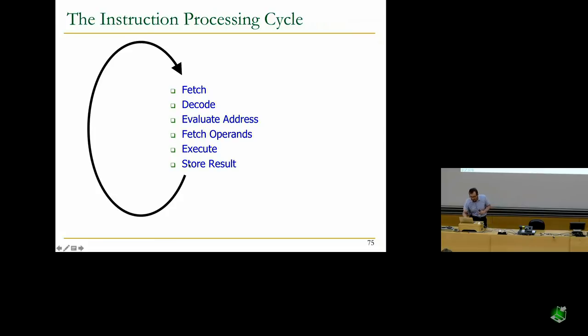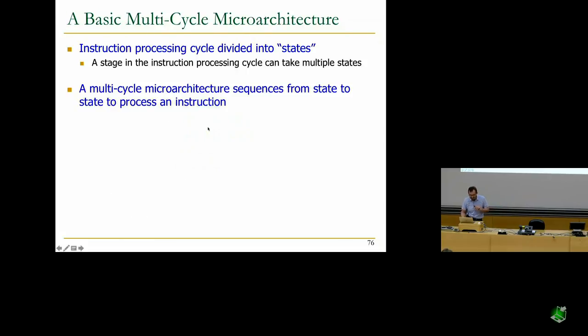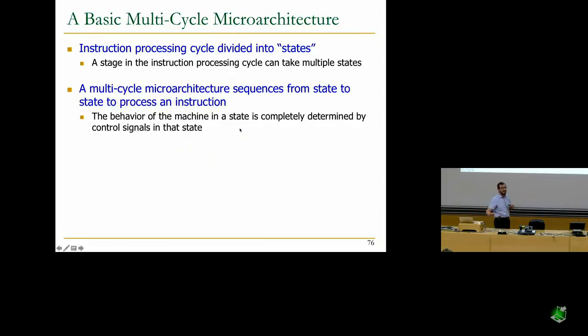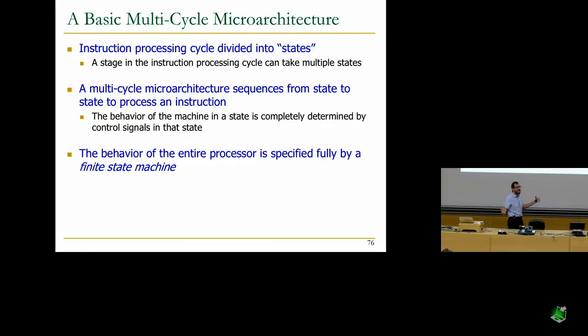For example, the evaluate address can take 10 cycles. It depends on our design. A multi-cycle microarchitecture sequences from state to process an instruction. And the behavior of the machine in a state is completely determined by the control signals that are asserted, or that are set in that state. And the behavior of the entire processor is fully specified by the finite state machine. Essentially, your finite state machine is your processor.